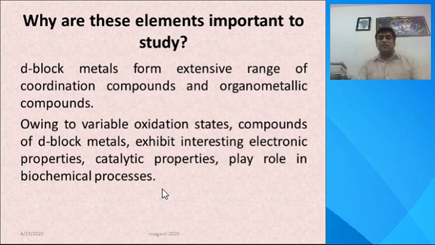Having seen these important properties, starting from electronic configuration to variable oxidation state, metallic character, conductivity, magnetism, catalytic property, complex formation tendency, these compounds find a range of applications in our day-to-day life.